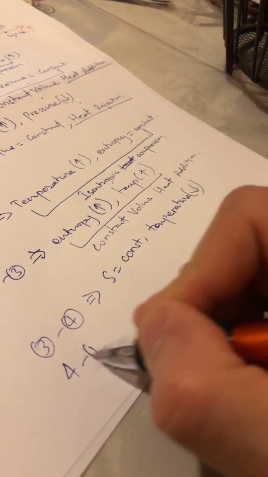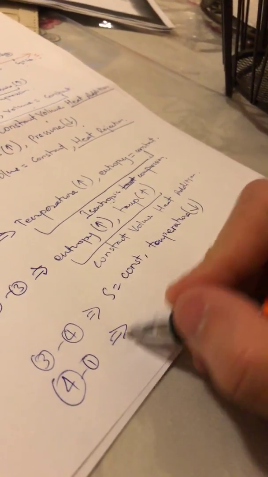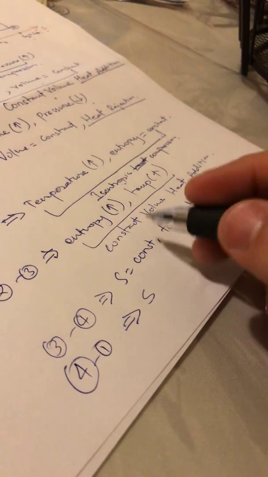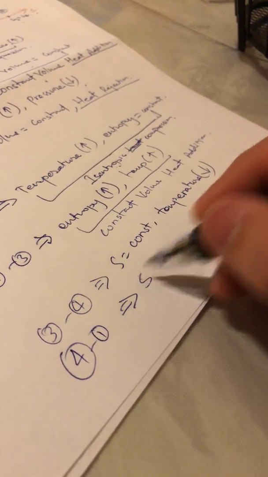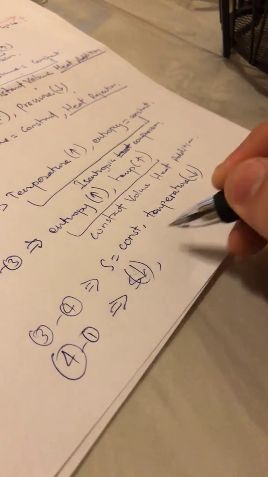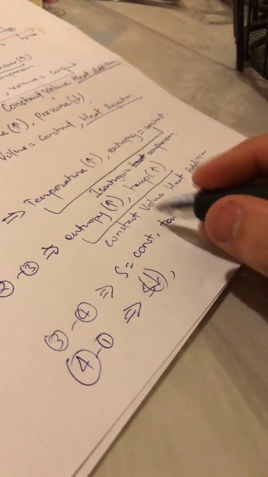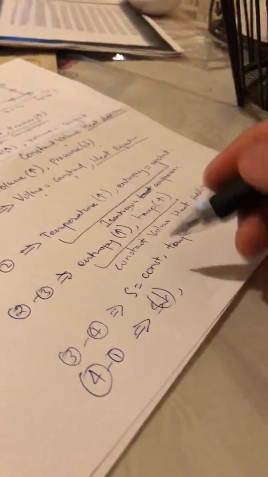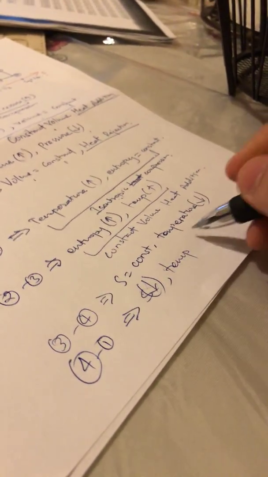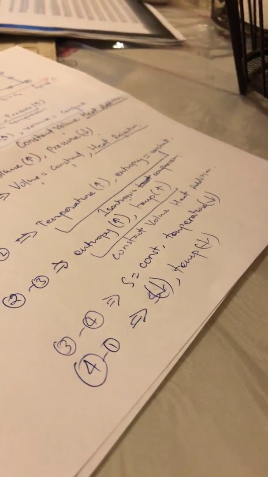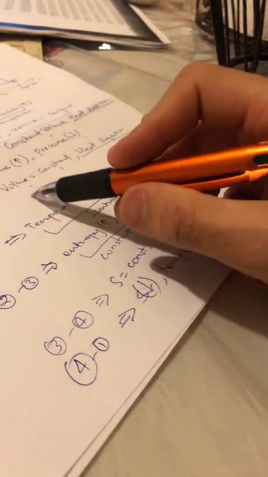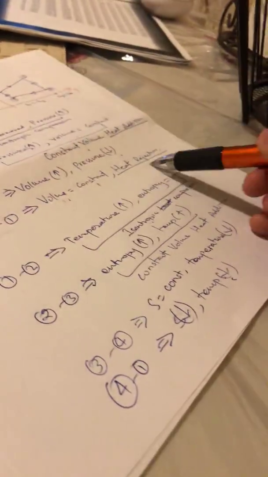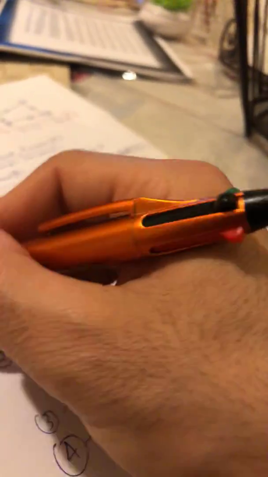And from 4 to 1, the S decreases, and the temperature decreases a little bit, but this is the same as the process of constant volume heat rejection. So these processes are the same, but we are looking at different parameters happening in these situations.